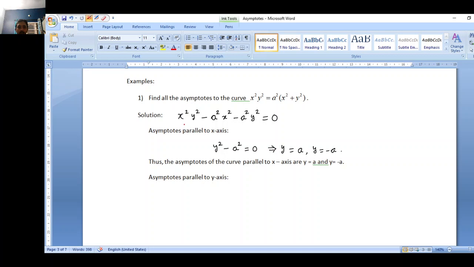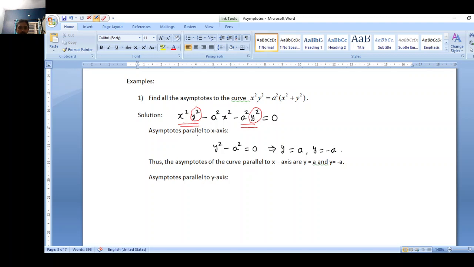Now what are the terms involving y? This is one term containing y and this is the other term containing y, and as you can see both are of degree 2. So the highest degree terms in y are this and this. Take the corresponding coefficients of these two terms and equate that to 0.